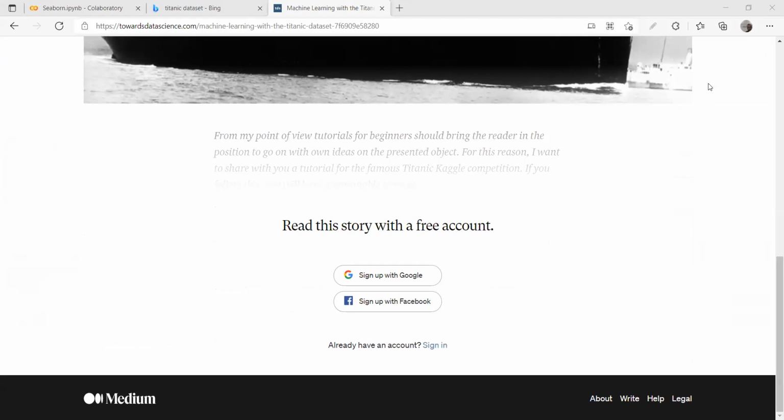Towards Data Science doesn't open in an incognito mode. So these are the fields, right? Whether he survived or not. Yes, for survived or not. What was the ticket class, first, second, third, sex, age in years. SibSp is the number of siblings and spouses aboard the Titanic, and Parch is the number of parents and children aboard the Titanic.